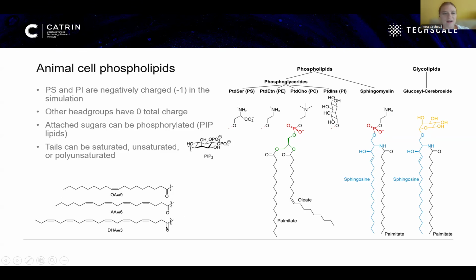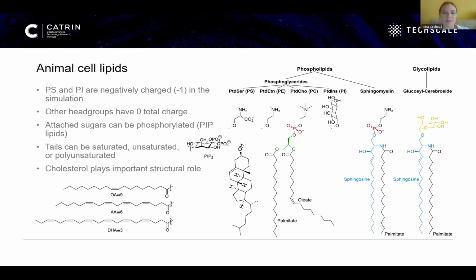And then there are polyunsaturated chains like arachidonic acid or DHA. And if you ever seen some advertisement for omega-3 and omega-6 fatty acids, there's these 2 guys. So this is something that you possibly saw mentioned somewhere that plays a role in the health of the human body. What also plays a role in health is cholesterol.